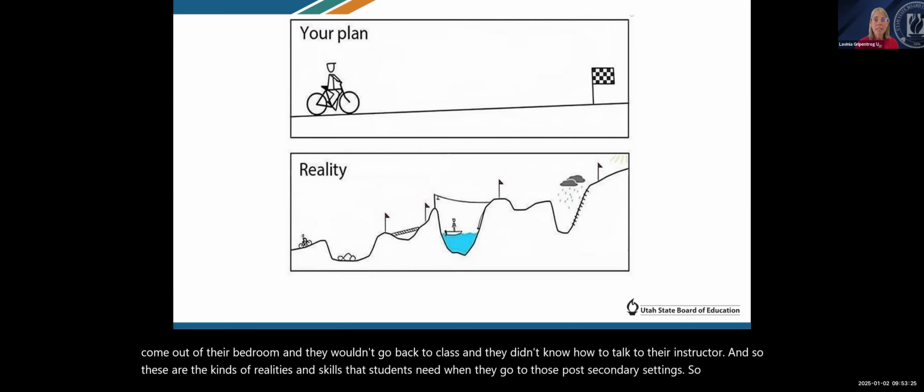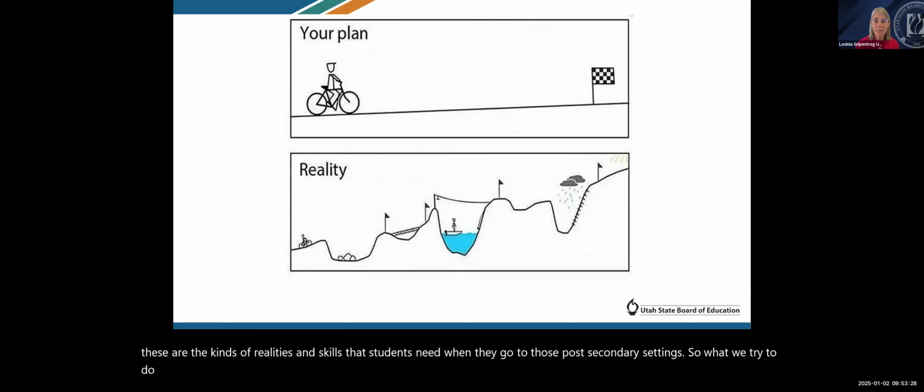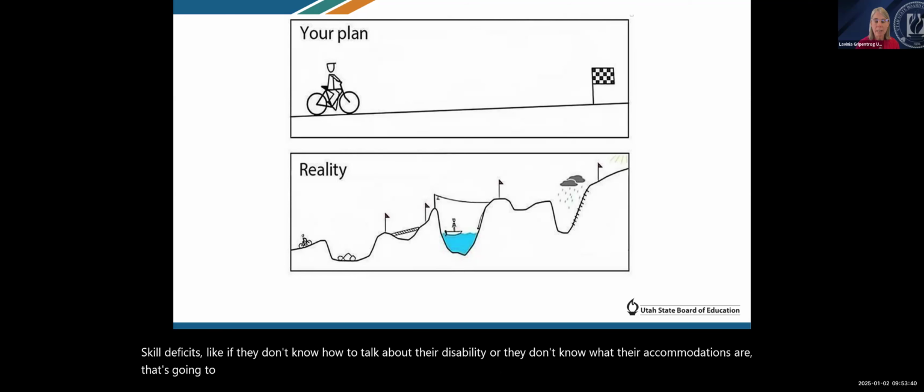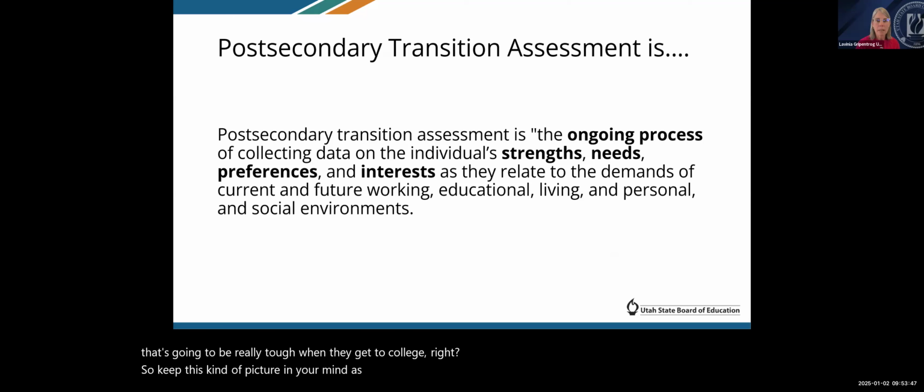So what we try to do is anticipate those and identify where a student might have some skill gaps, like if they don't know how to talk about their disability, or they don't know what their accommodations are, that's going to be really tough when they get to college, right? So keep this picture in your mind as you work with students and help them develop transition plans.